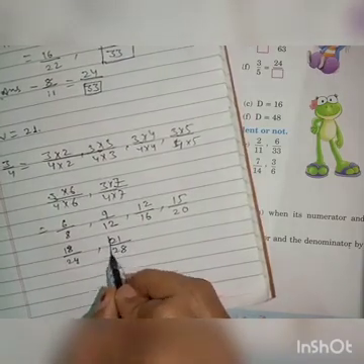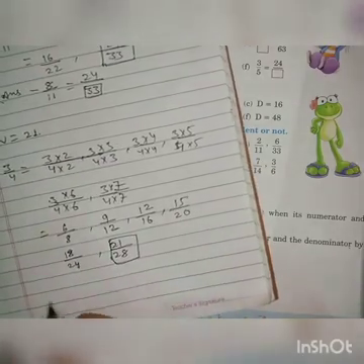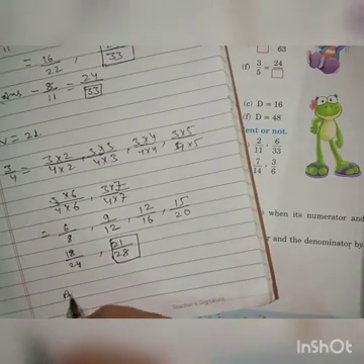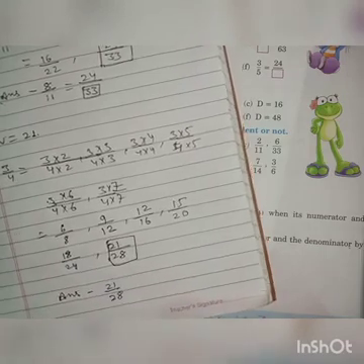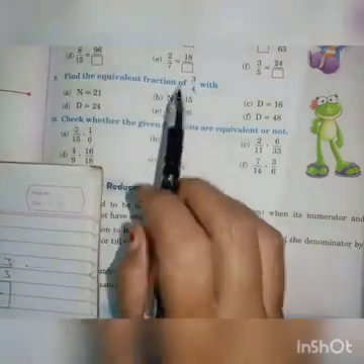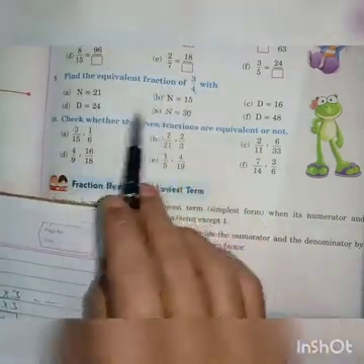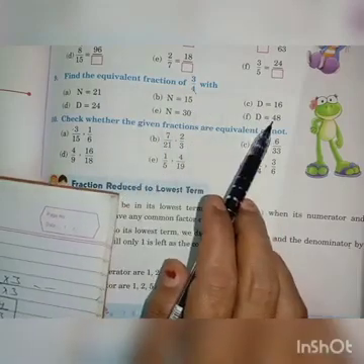This is our numerator and this is our required fraction. So our answer will be 21 by 28. Thus you have to do all these fractions. Okay. Find numerator and denominator as directed.